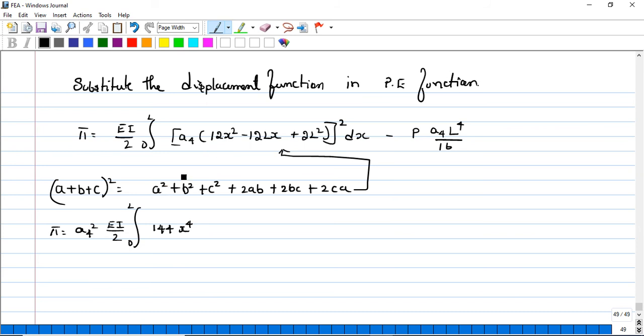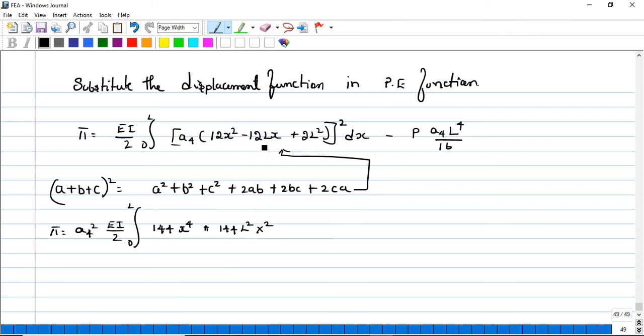So what is A square? A I considered as 12x square, so 12 square will be 144, x square of square will be x raised to 4, followed with 144 L square x square.